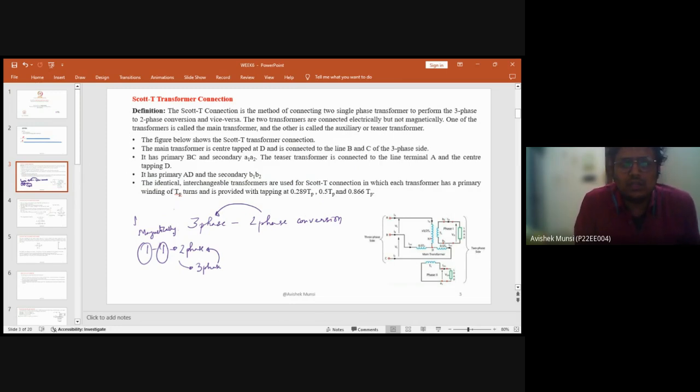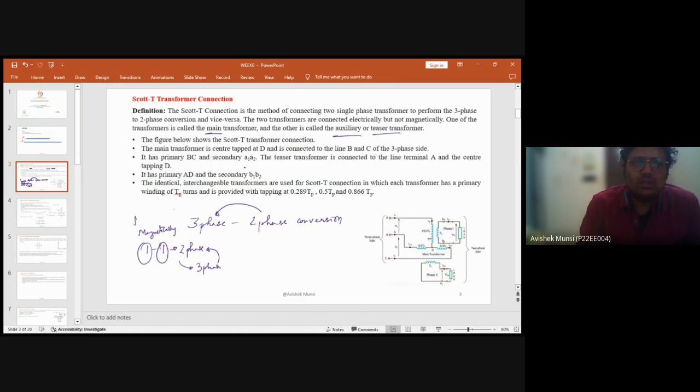It has a main transformer and another transformer which is called the teaser transformer or auxiliary transformer. Both of these transformers are used for making the Scott connection. So it is better known as the Scott transformer connection.